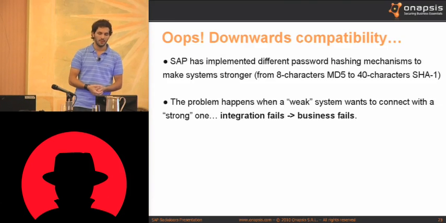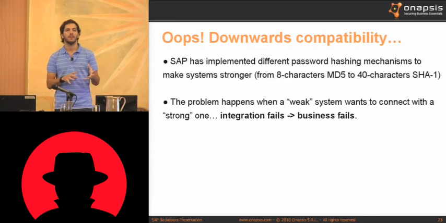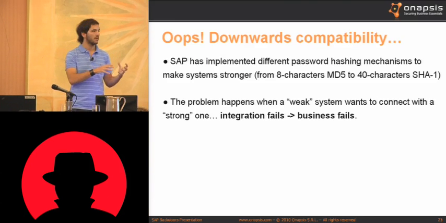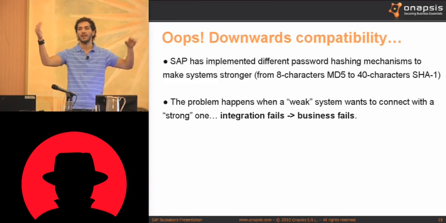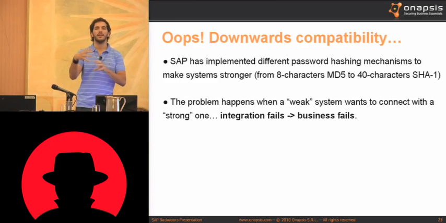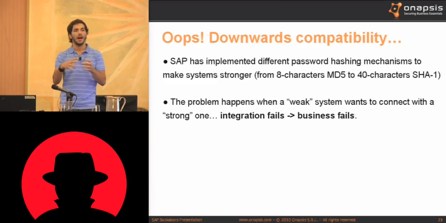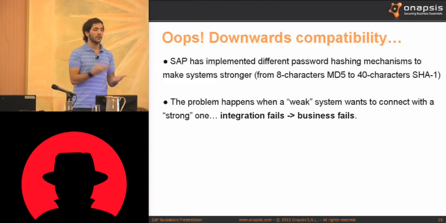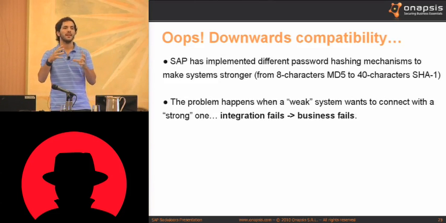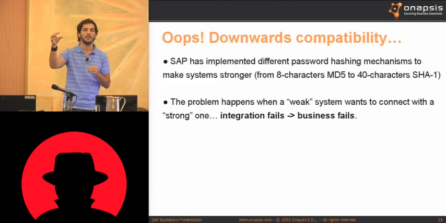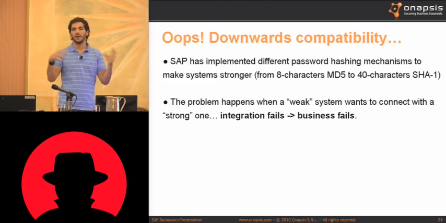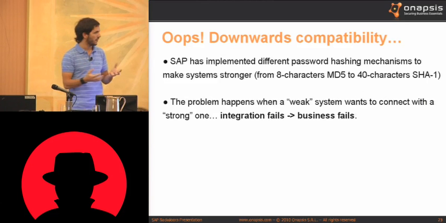The problem is that when a weak system, an old system that doesn't support the newer hashing mechanisms, wants to connect with a new system, integration will fail because it doesn't understand the new hashing mechanisms. So integration fails, you cannot connect your systems, and your business fails.